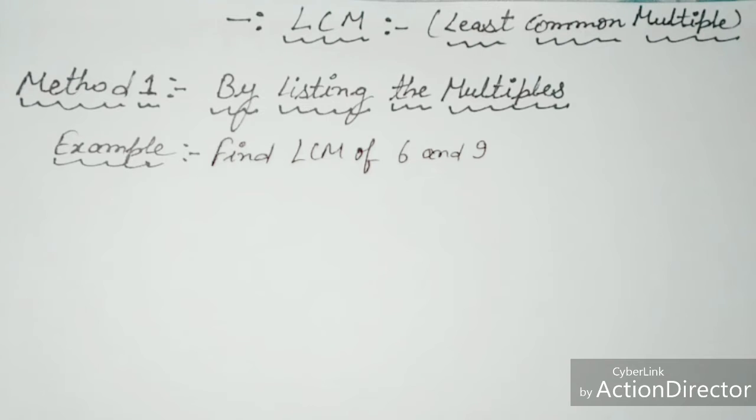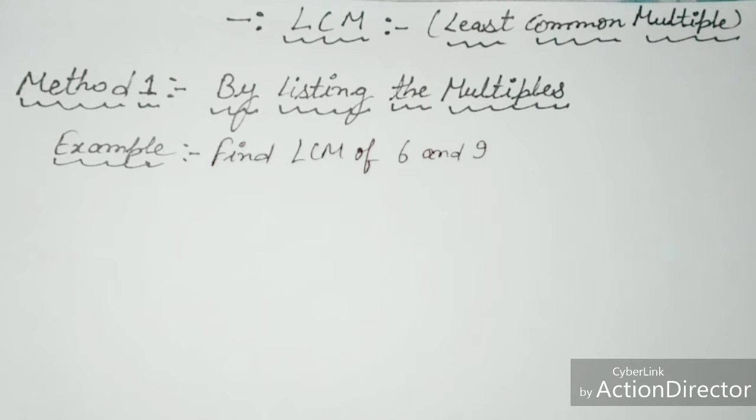Example: find the LCM of 6 and 9. First we write multiples of 6 and 9, then we select the common multiples of 6 and 9, and after that we select the least common multiple.